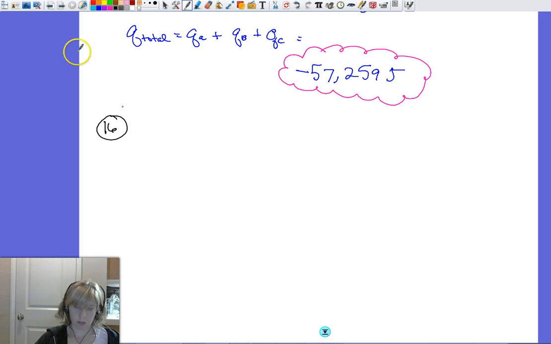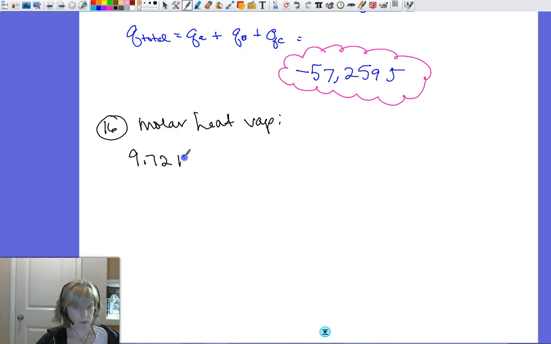So for the molar heat of vaporization, we have on our chart 9.72 kilocalories per mole. We're going to convert that to calories per gram. So let's start with the calories.